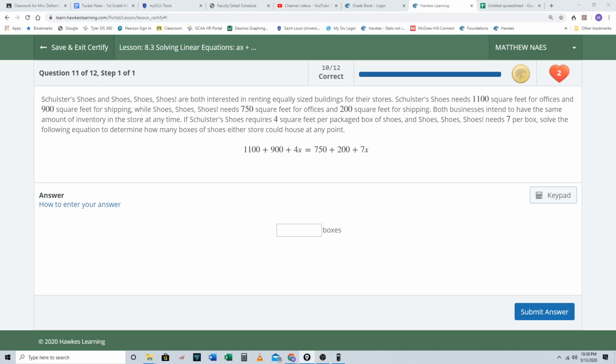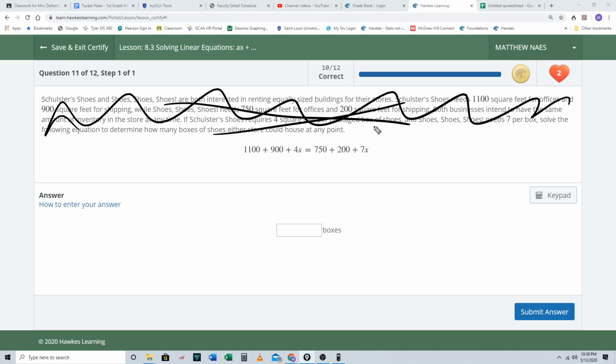Here it's very similar. All this you can just ignore. It's just jargon at this point because no one cares. I just want you to solve this. The first thing, combine like terms. That gives you 2,000 plus 4x equals 950 plus 7x. Subtract the smaller variable first. 2,000 equals 950 plus 3x, minus 950.